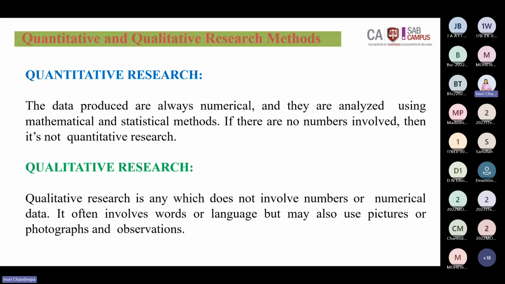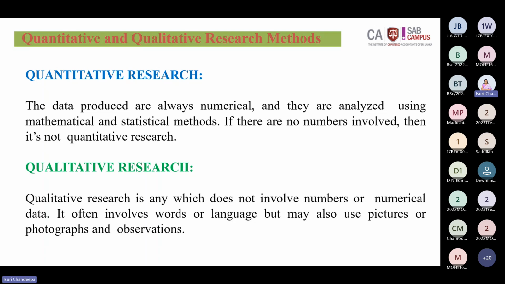When we are collecting the data, what kind of data are we going to collect? We are going to collect opinions. We are going to collect the perceptions of individuals, right? Then we have some sort of analysis, not that much compared to quantitative analysis, and we interpret it. Therefore, qualitative research is any research which does not involve numbers and numerical data.